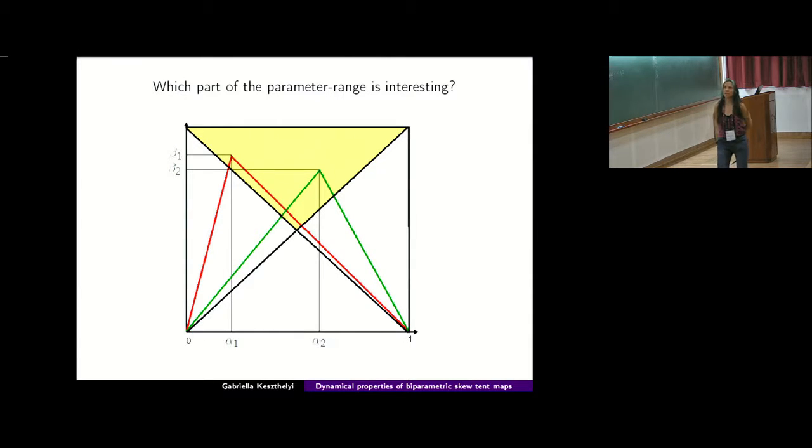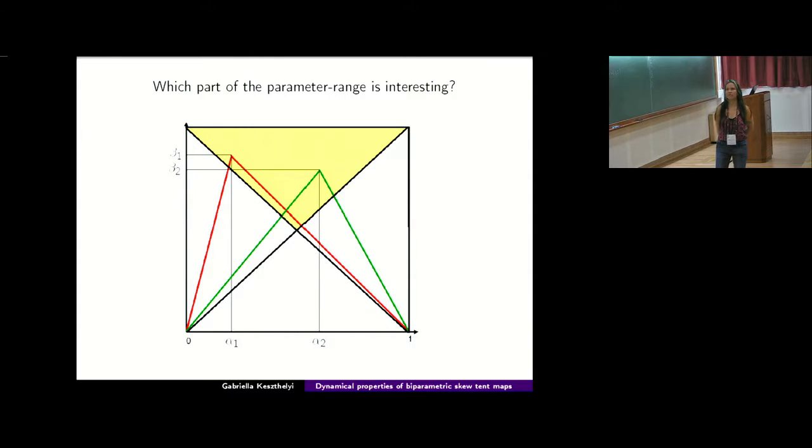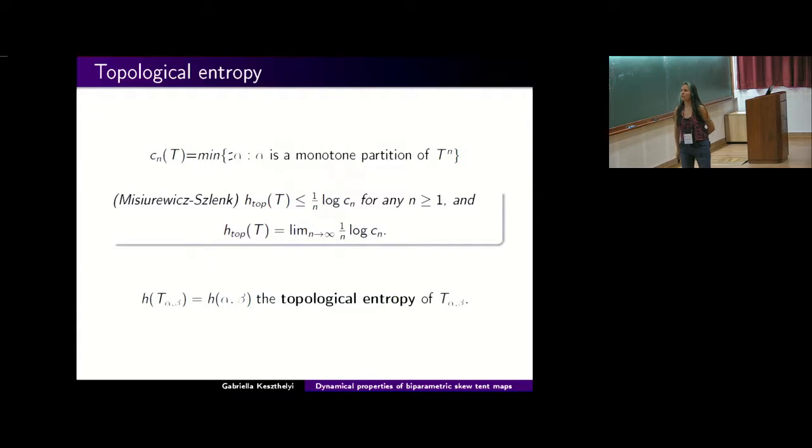And if we are below the other diagonal, then there will be another attracting fixed point, so it's just boring. But if we are in the yellow triangle, then we have two repelling fixed points, and those will cause the interesting dynamics later on.